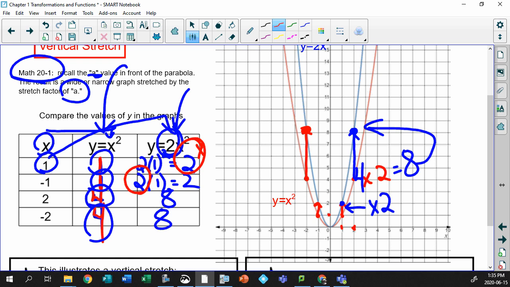Now, if I wanted to, I can go to 3 and say, okay, there's 3, that would be 9, multiplied by 2 would be 18, but that'd be way up here, and it's off our scale. And you can see that it's actually working out. That'd be multiplied by 2, up there, 18 somewhere. Isn't that interesting? So we are, in fact, multiplying the y values by 2.